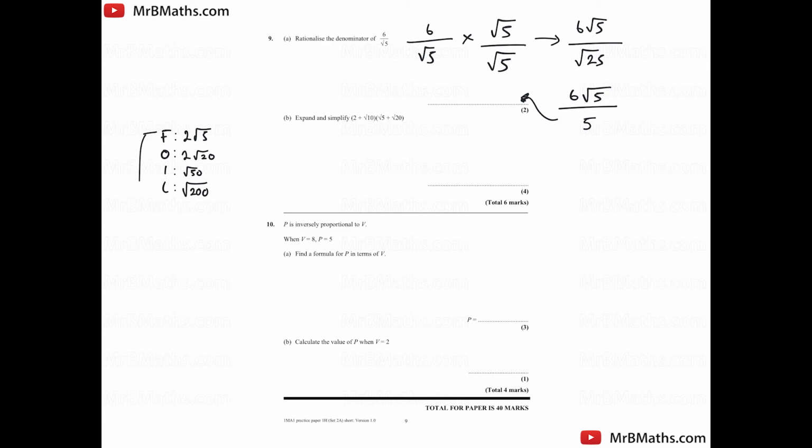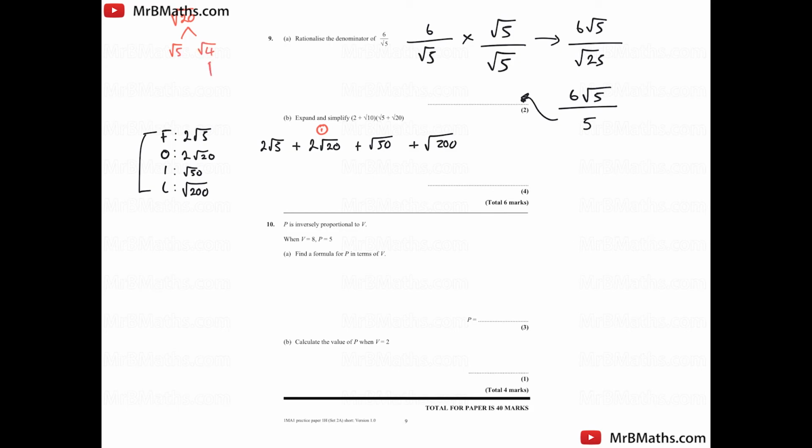We then put all of this together, so we have 2 root 5 plus 2 root 20 plus root of 50 plus root 200. Now, in order to be able to simplify, we need them to be all like terms, which means that we have to do some simplifying. So, for this first one here, I'm going to see if I can get that to a root 5. So, if I have my root 20 here, I can then split that into root 5 times root 4.